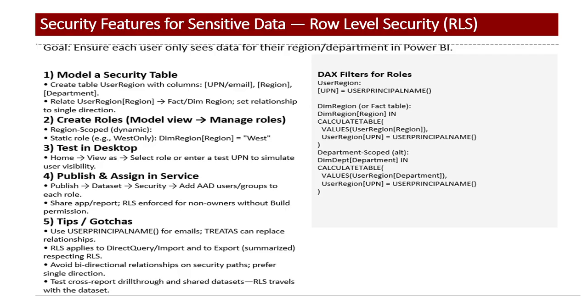Tips: if used for emails, this can be replaced by relationship. RLS applies to duplicate and import, and to explore exceptions. Test the security path during the first report, and share the dataset with the RLS tables.